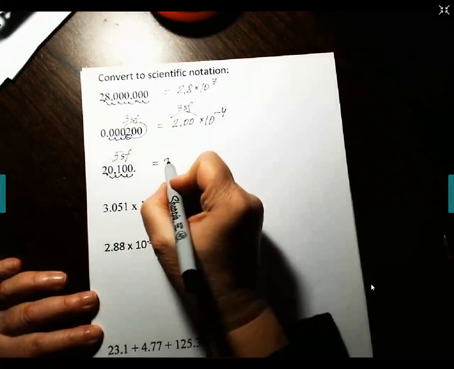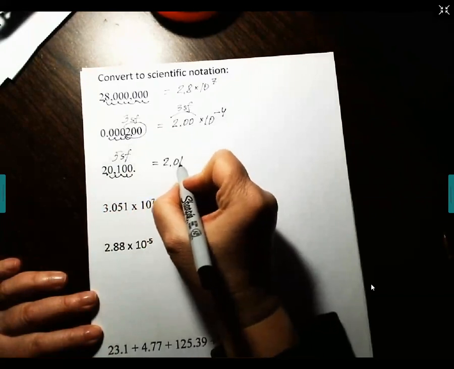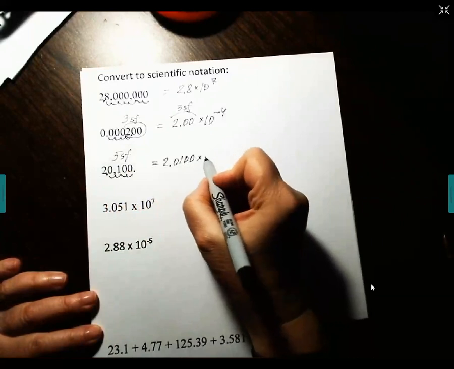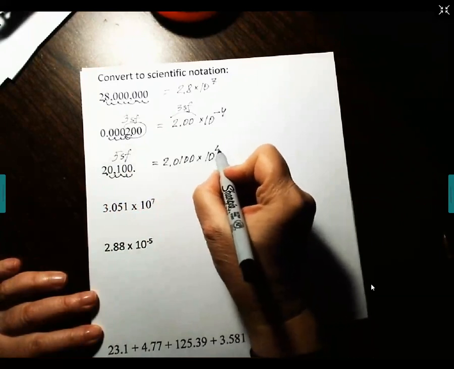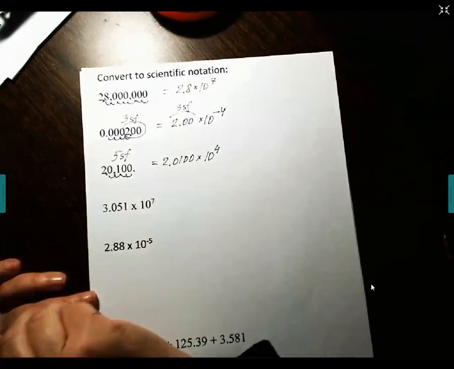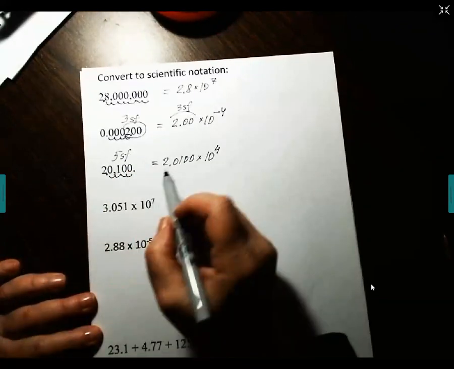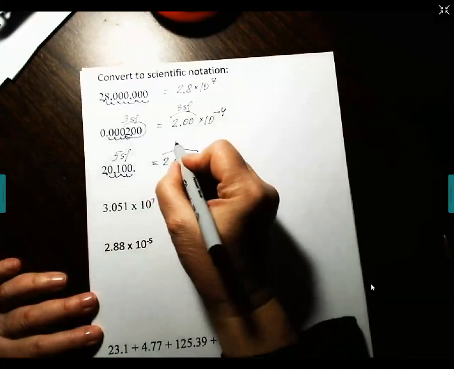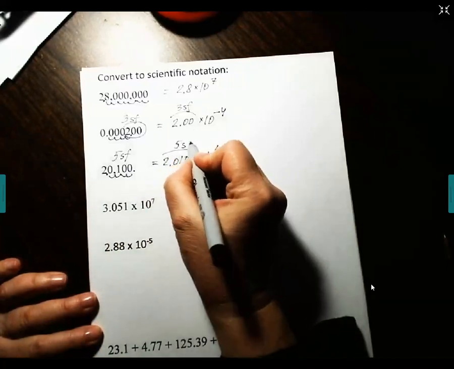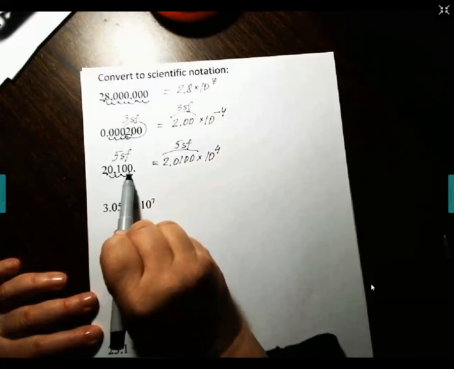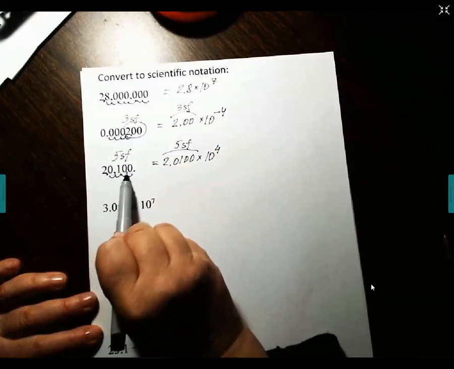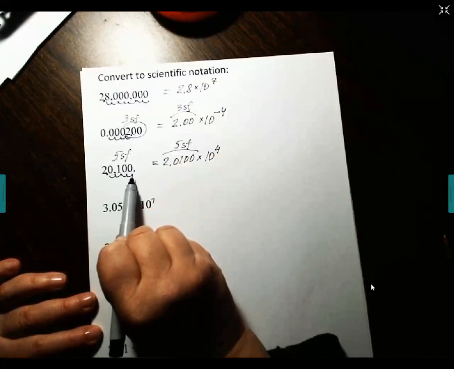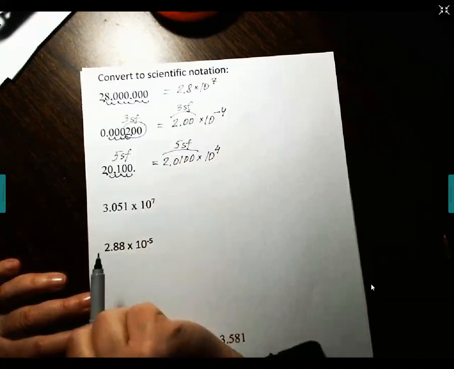So it's going to be 2.100 times 10 to the positive 4, because our number is greater than 1. Again, we should keep the same number of significant figures. So I kept all these zeros before the decimal point. If you are keeping this decimal point, they are significant.